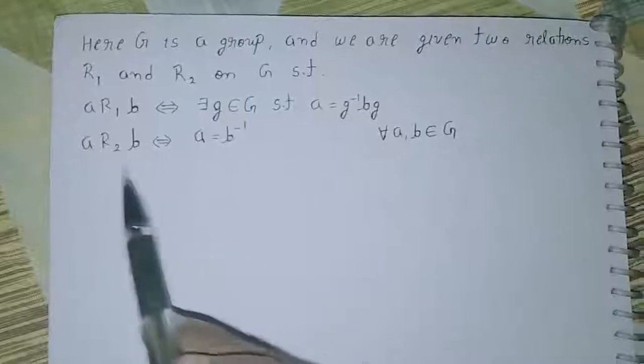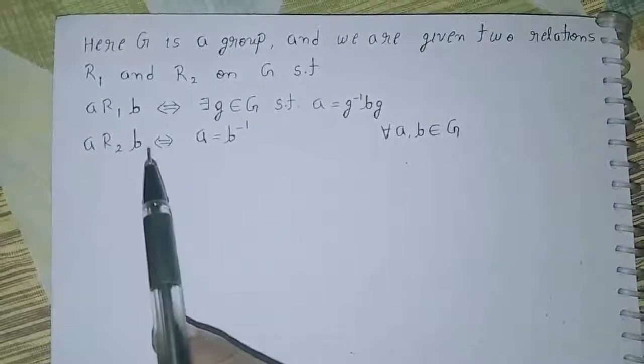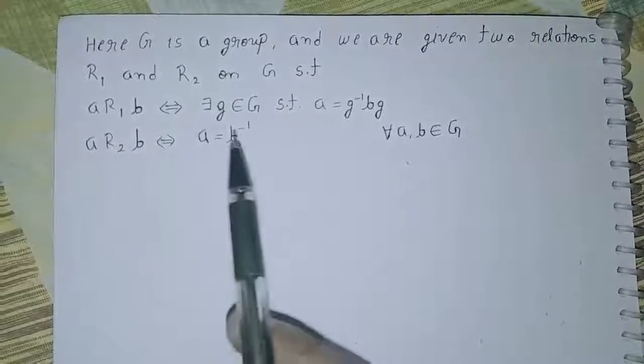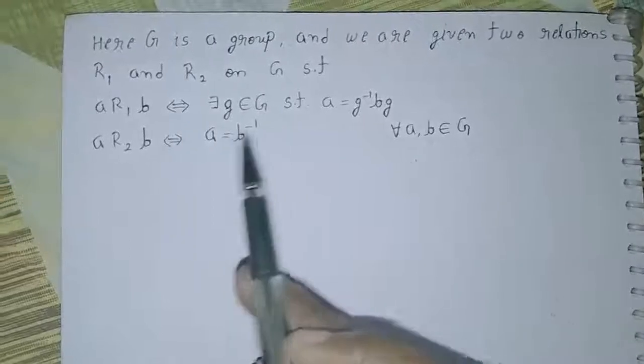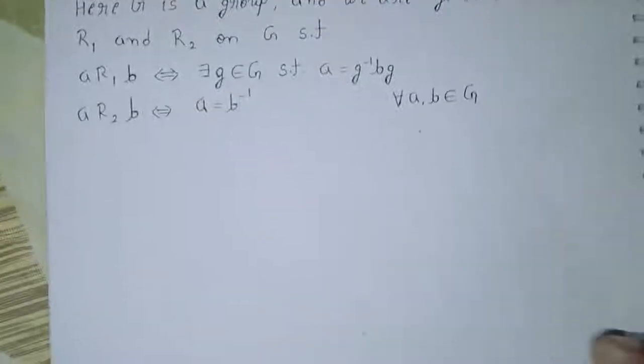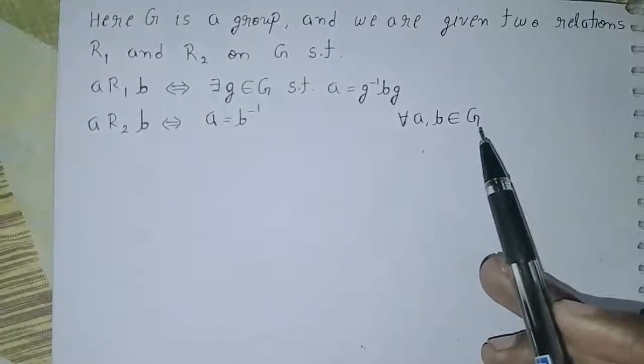And the second relation R2 between A and B is defined as A is the inverse of B or B is the inverse of A. These two relations are defined for all elements A and B in G.